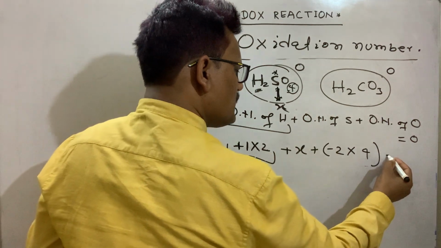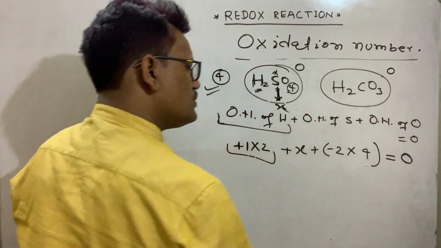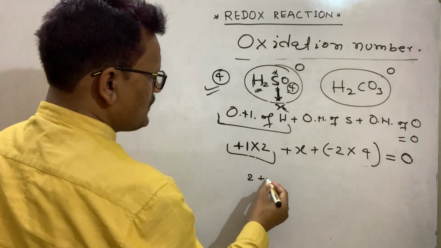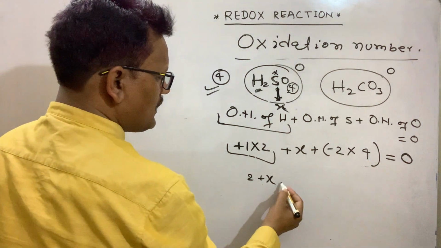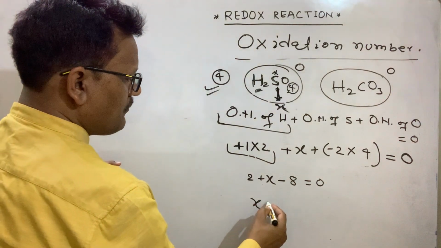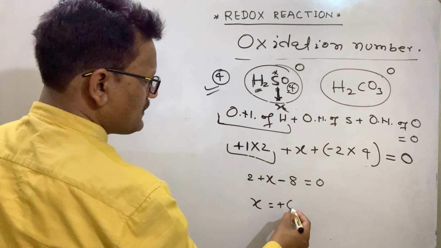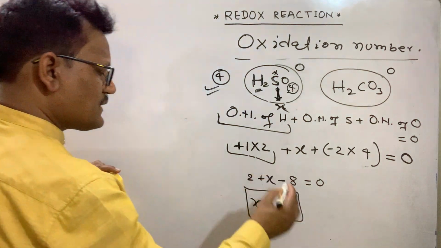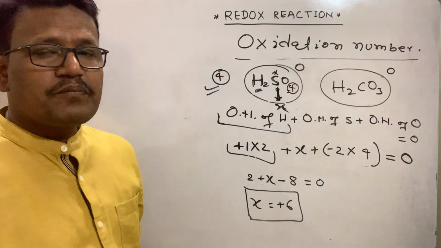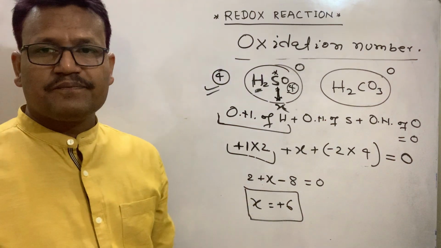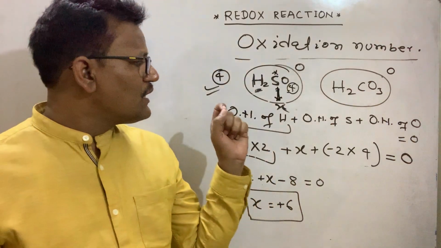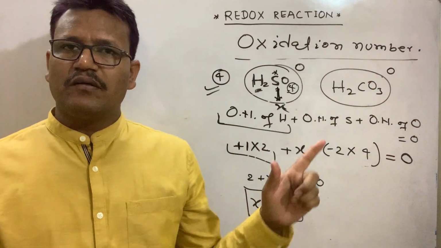It must be equal to 0. So solve this equation: 2 plus x, 2 fours are 8, equals 0. So we have x equals +6. The oxidation state of sulfur in case of H2SO4 is +6. So this is the method we are using for assigning the oxidation number of an atom in a molecule.